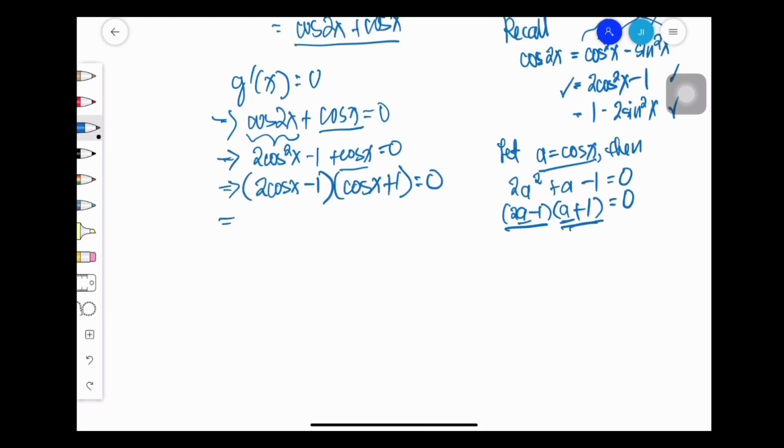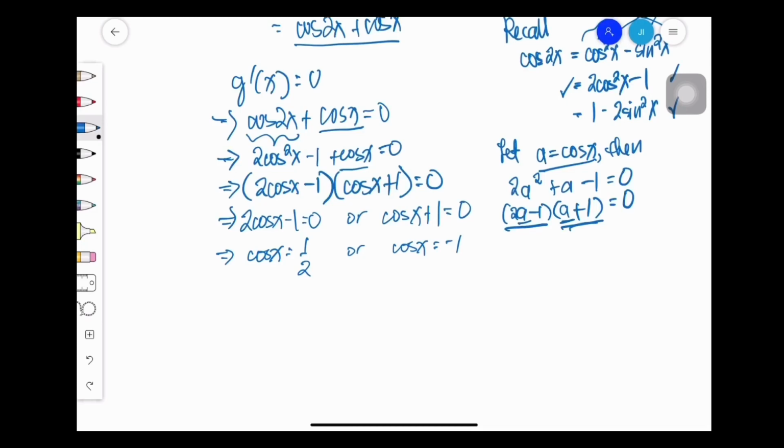And this implies that two things can happen. It's either 2 cosine x minus 1 is 0, or cosine x plus 1 is 0. Or in other words, cosine x is 1/2, or cosine x equals negative 1.